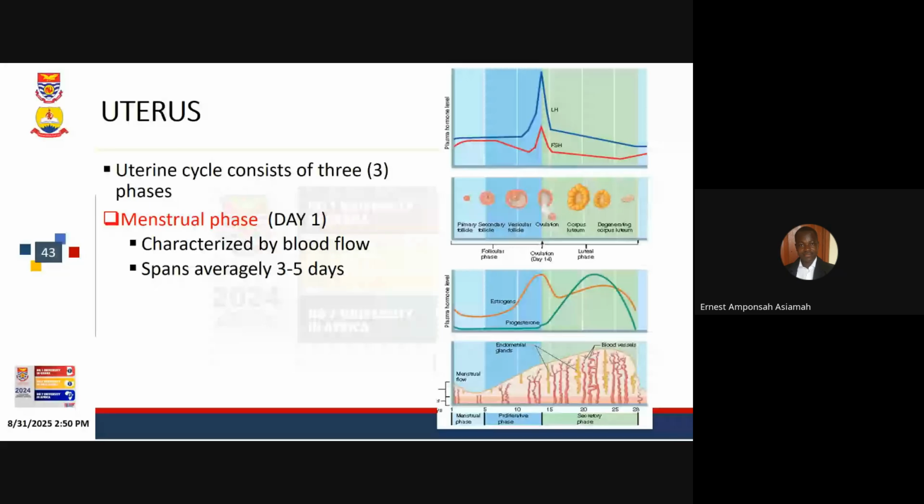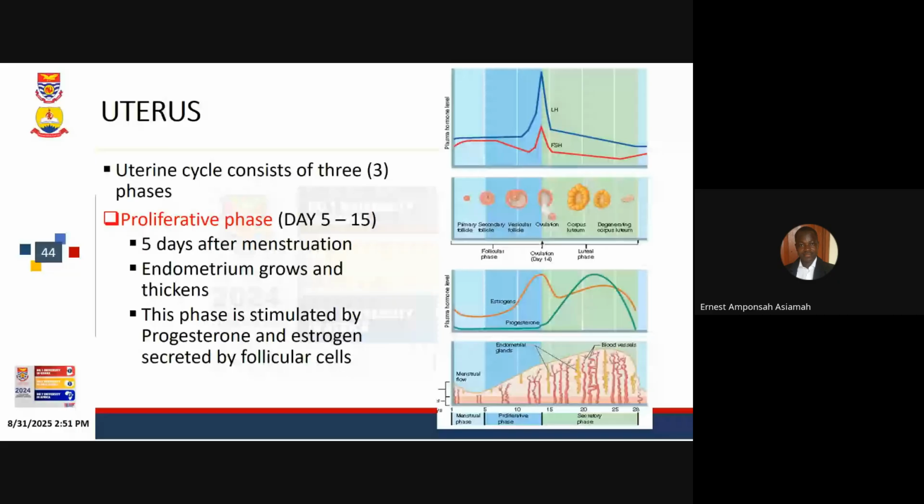Then we have from day 5 to day 15, about 5 days after menstruation, the endometrium starts growing in thickness. We consider that phase the proliferative phase. Usually this phase is stimulated by the progesterone and estrogen, which is secreted by the follicular cells.